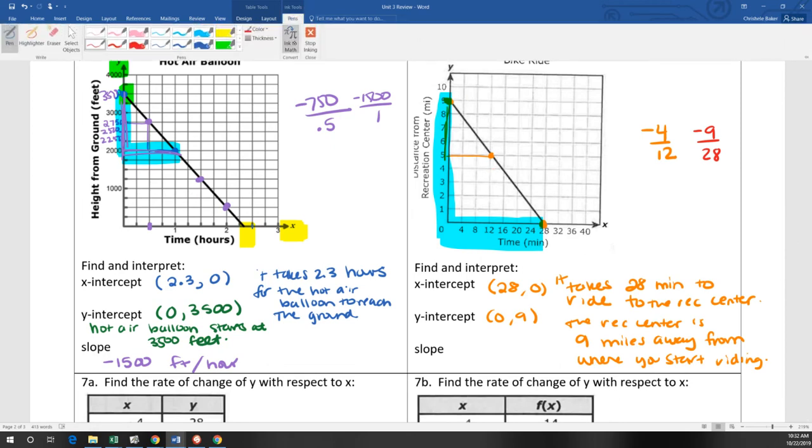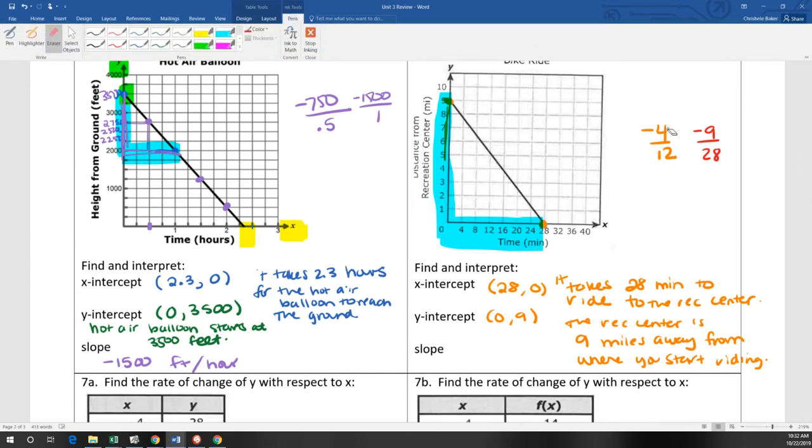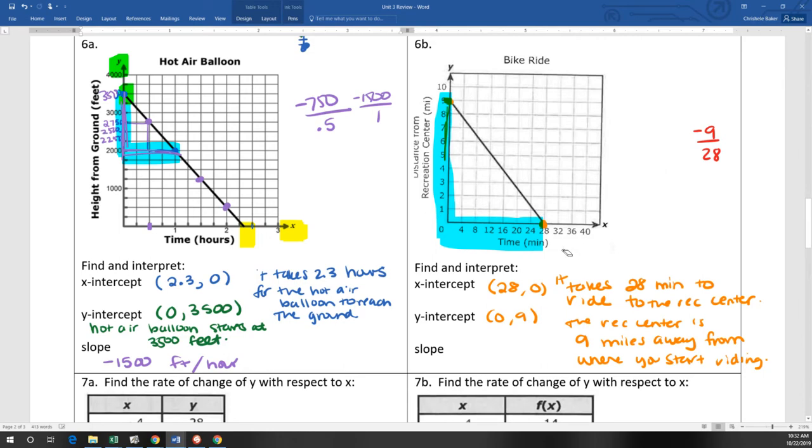They're not exactly equivalent. I would do this down 9 over 28 just to be exact, because it looks like it doesn't exactly go through that point if we look really closely. So we know 9 and 28 are definitely our points there. And that would be miles per minute.